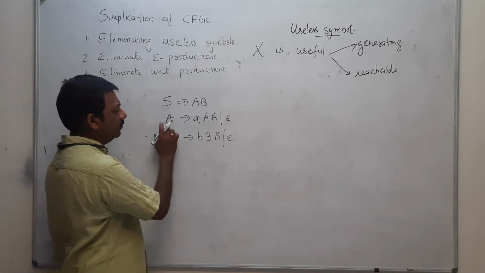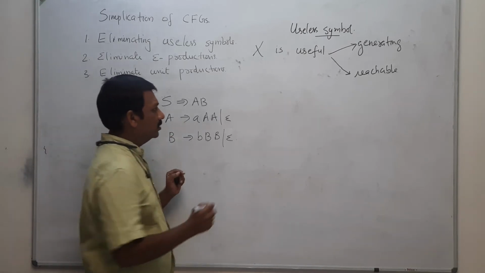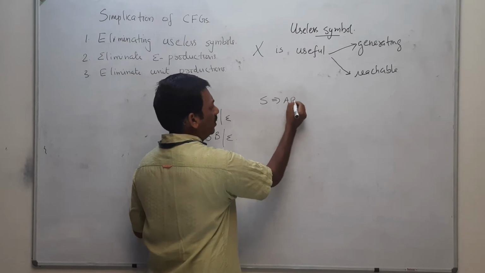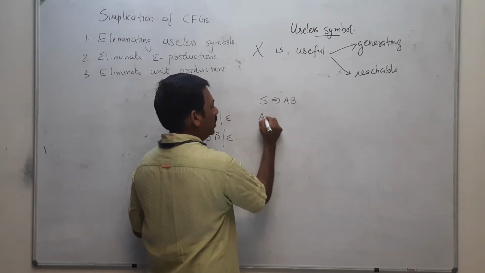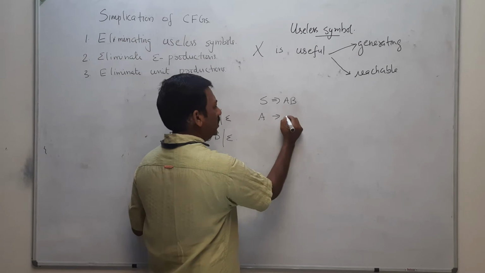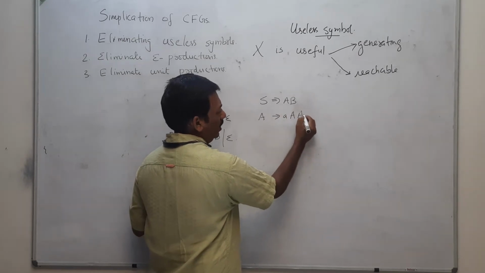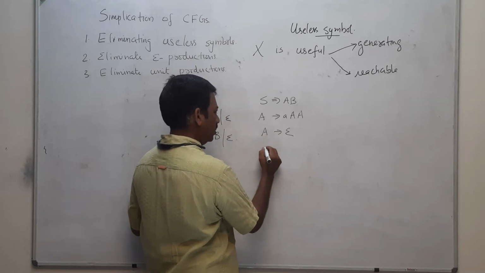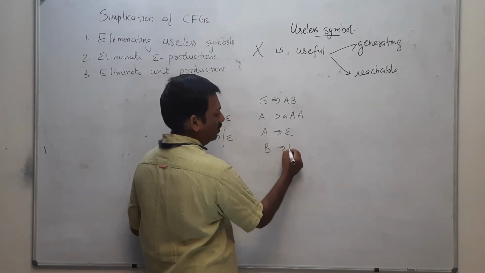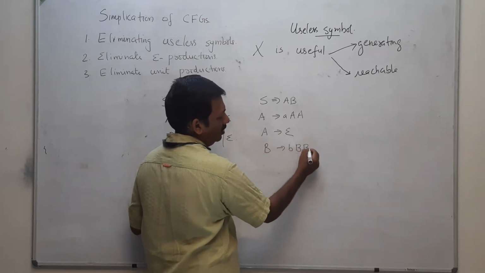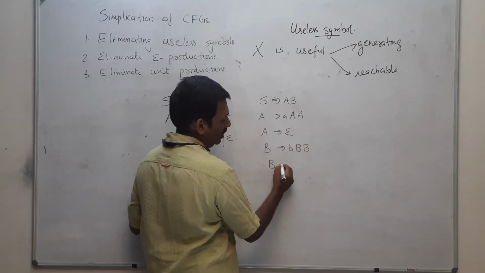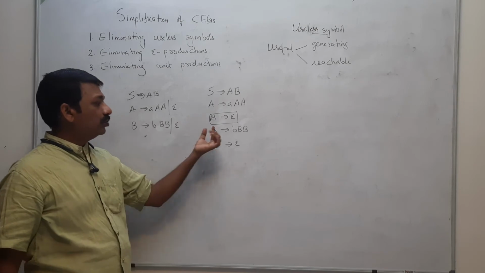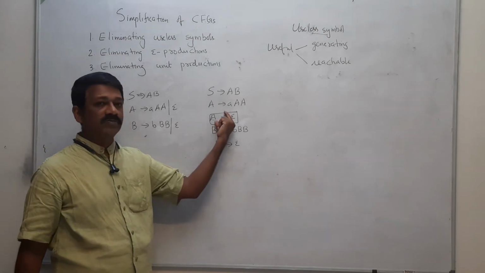Now how many productions are there? S derives AB, A derives A, A derives epsilon, B derives B, B derives epsilon. Now I am going to eliminate this epsilon production.